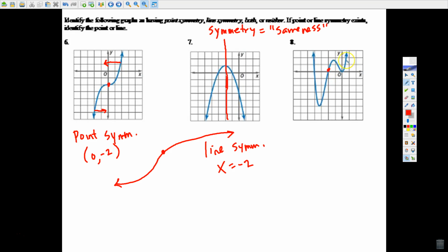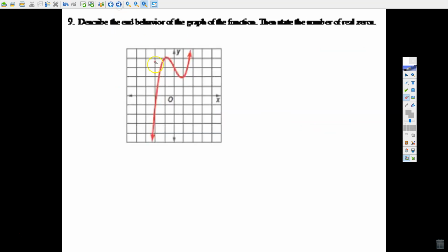But you can tell if I spin this around, always in the counterclockwise direction, we're not going to have sameness if we turn this around 180 degrees. It's not going to produce the original graph. So in this case we have neither. Hopefully those are some good examples of all three situations: point symmetry, line symmetry, and neither type of symmetry.